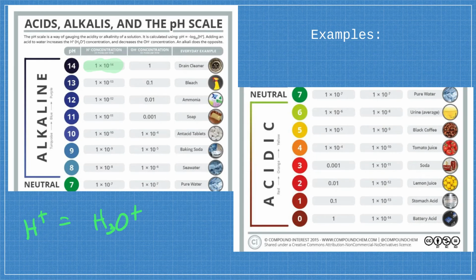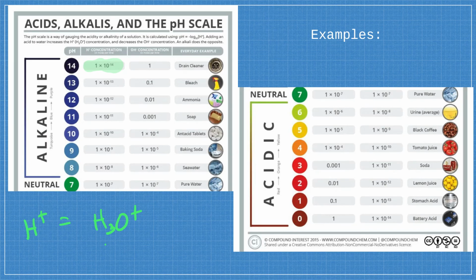So hydrogen ion or hydronium ion, they mean the same thing. A pH of 14 would be a drain cleaner. A pH of 13 would be 1 times 10 to the negative 13th, which would be bleach. And so you can look at all of these different values. These would be alkaline, which is another word for basic.